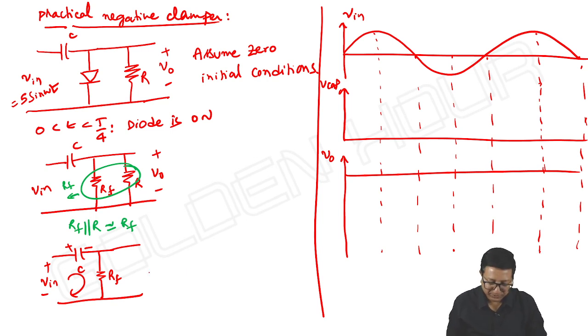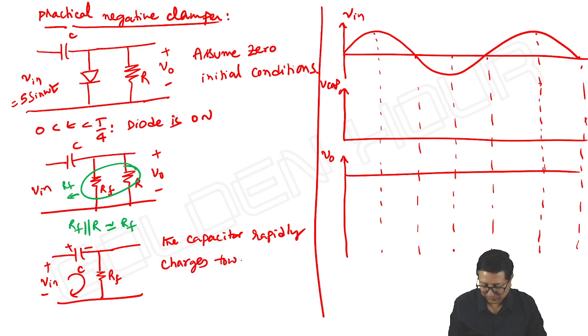So, now here what I can write, the capacitor rapidly charges towards input with time constant tau C is equal to RF into C.